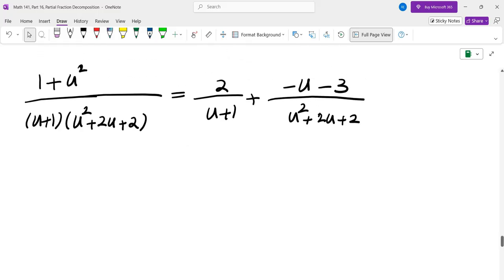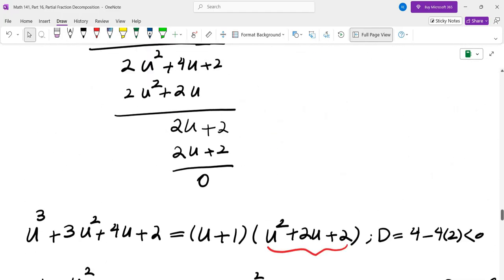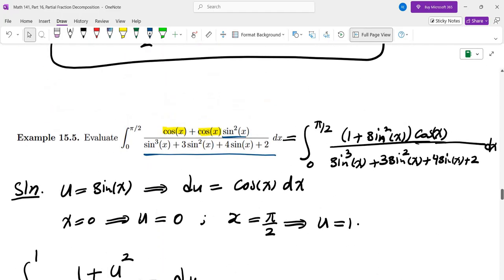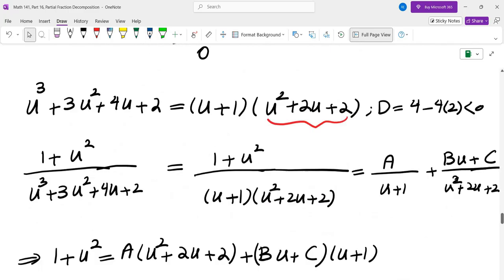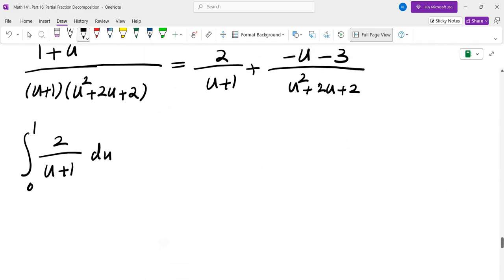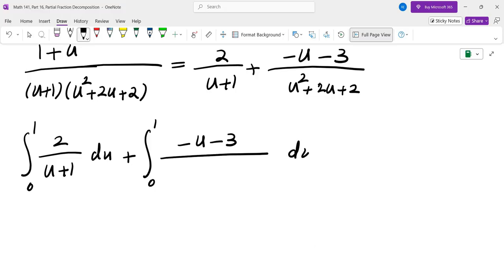So this is the integrand, and we can integrate this. The integral of 2 over u + 1 from 0 to 1, yes, from 0 to 1, and then plus the integral from 0 to 1 of (-u - 3) divided by this quadratic.